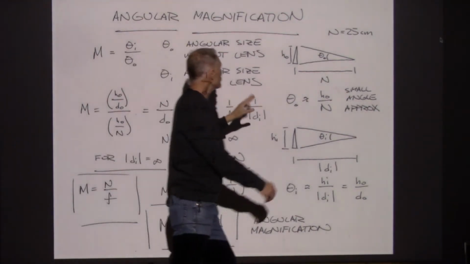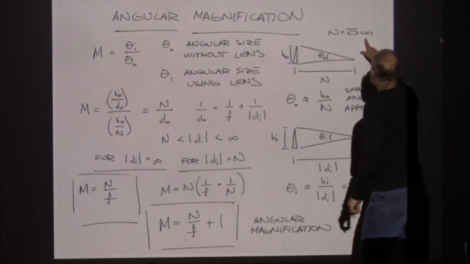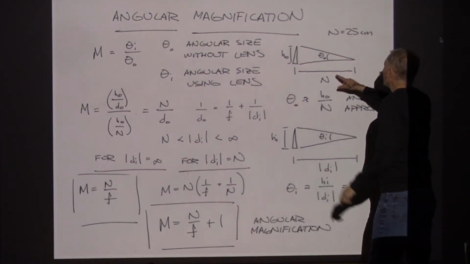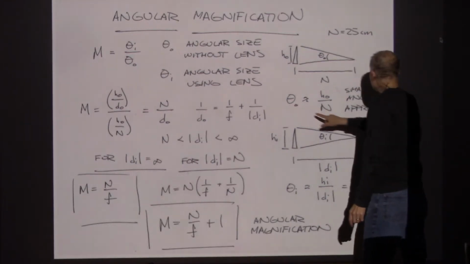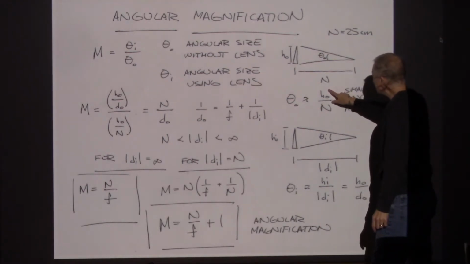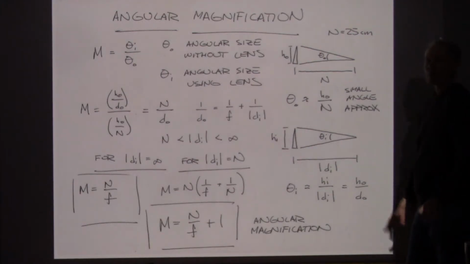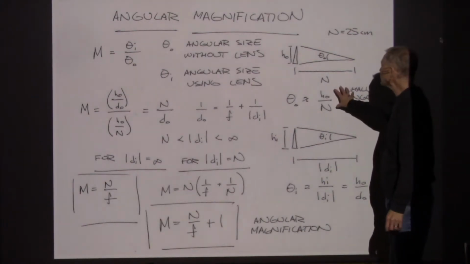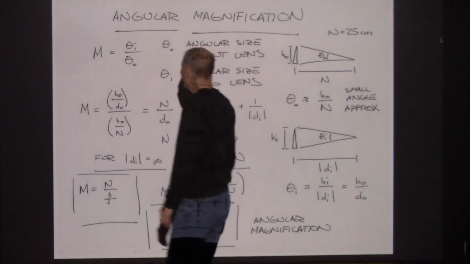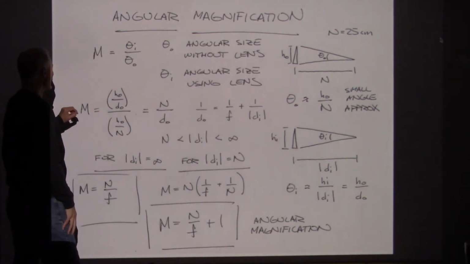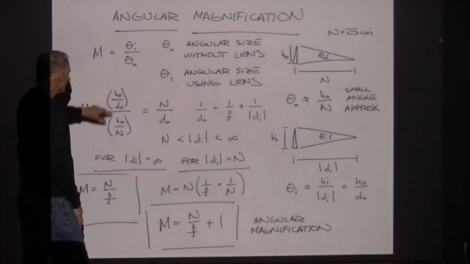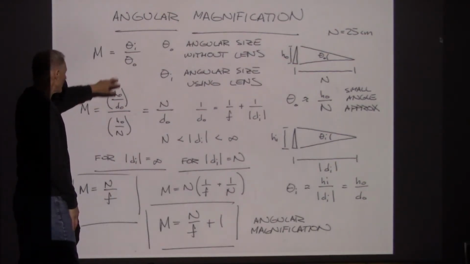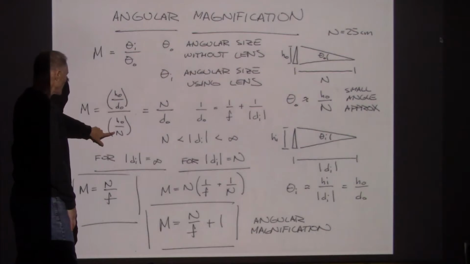And so if we assume that there's a near point of 25 centimeters or a near point of whatever, the best angular size I can come up with is to take HO and divide by n. I can't bring it any closer. So we're trying to do better than this. Now, the theta reference is going to be given by HO over n.